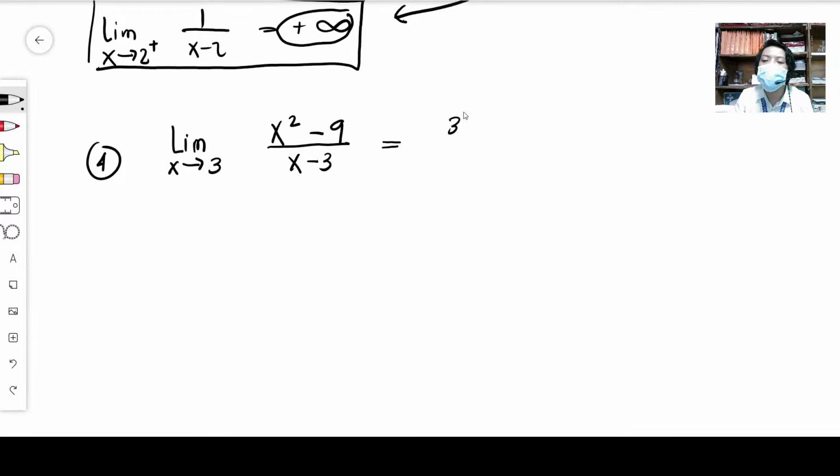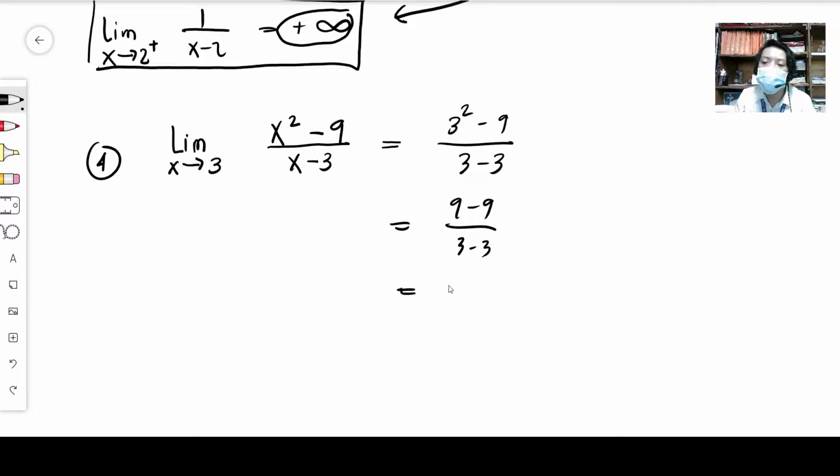So this is equal to 3 squared minus 9 over 3 minus 3. Magsasubstitute na ngayon kita. So the value of x is 3. This will be equal to 9 minus 9 over 3 minus 3.